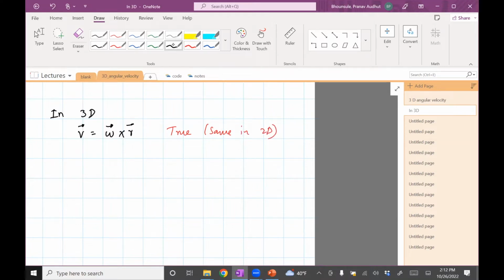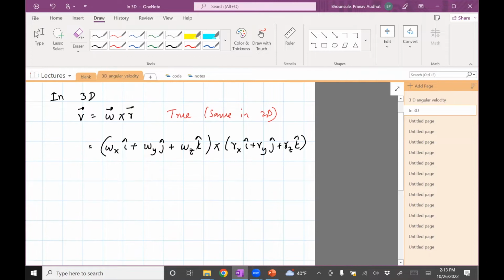And so what we can do here is write the velocity now that omega and r are no longer planar. Omega is omega x i plus omega y j plus omega z k, crossed with rx i plus ry j plus rz k.